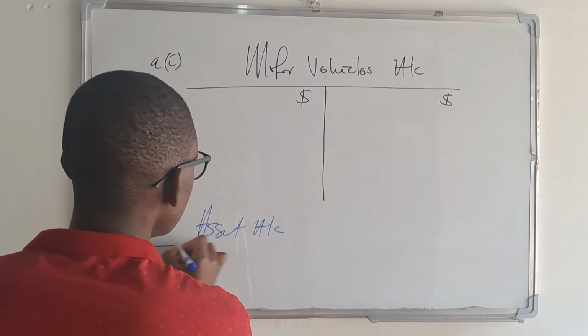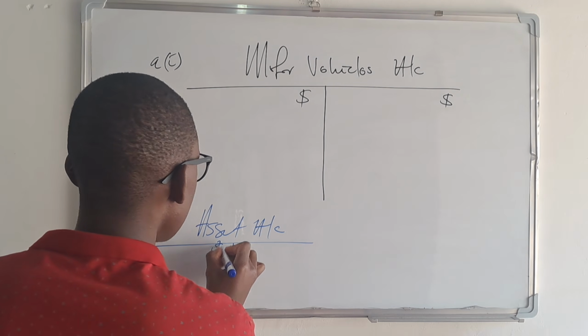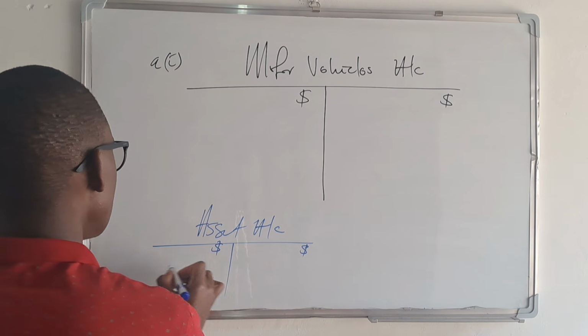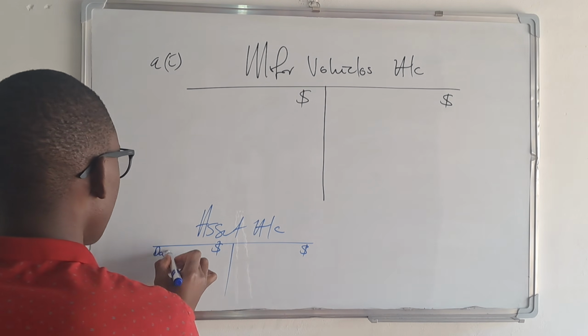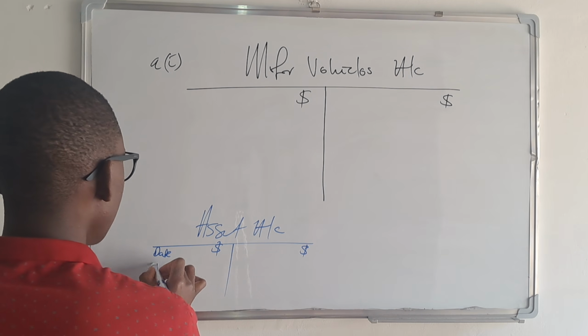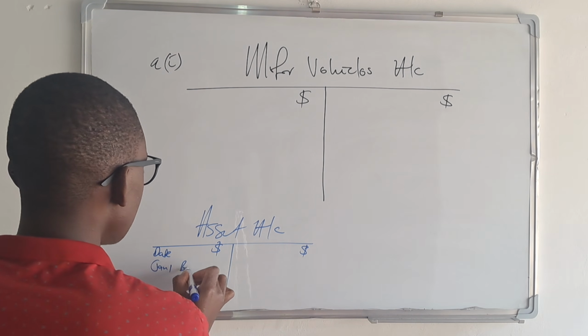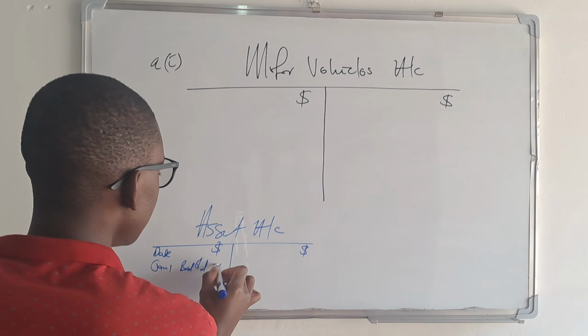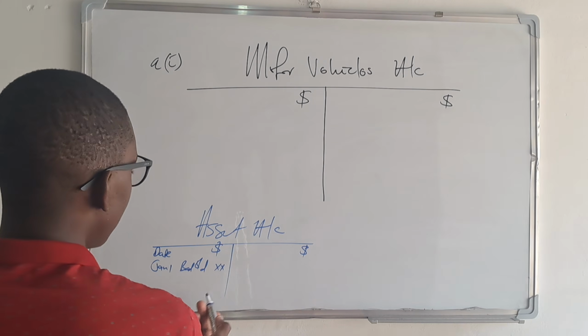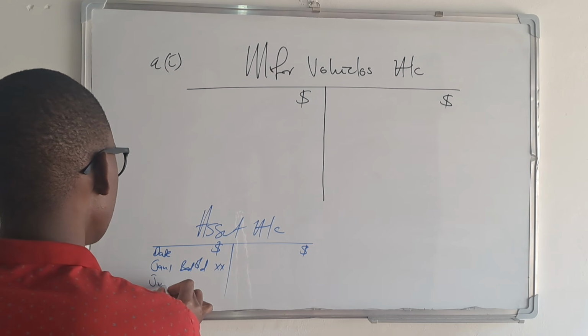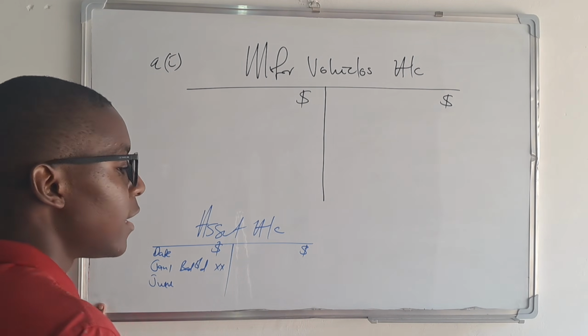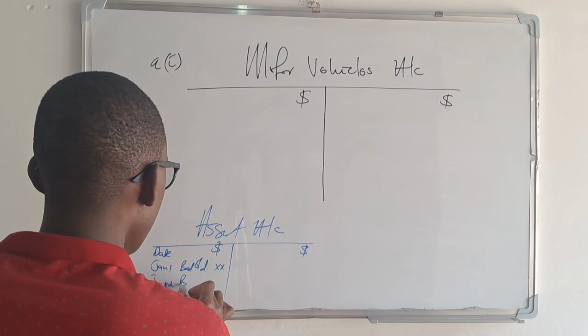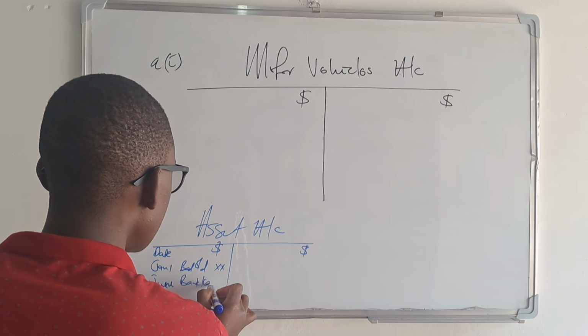In terms of an asset account format, first thing you need to know is that you write your debit. Then, for example, you are given an opening balance, which is balance BD. You write your balance BD. Suppose during the year, let's say June 30, we purchased some assets, maybe by bank or cash.